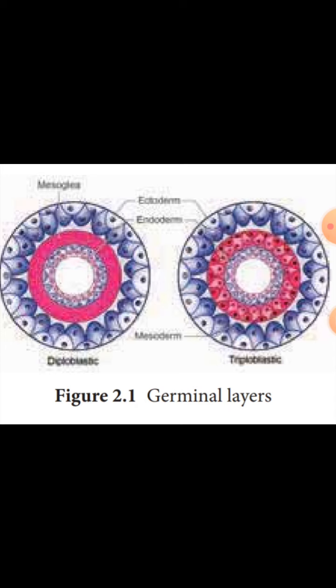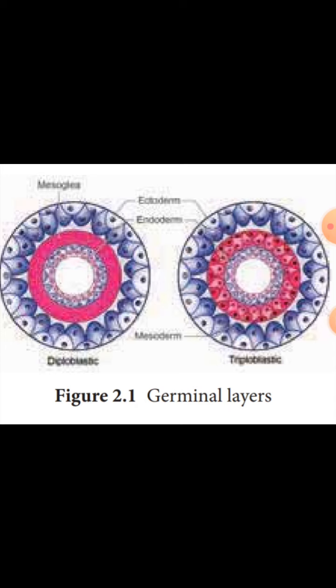The outer layer is called ectoderm, the middle is called mesoderm, and the inner layer is called endoderm. These layers develop during the embryo stage. This is called the germ layer. This is how organisms are classified.